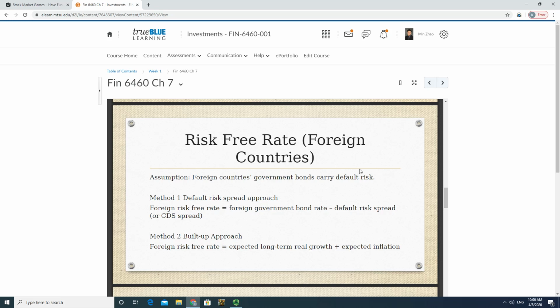The first one is the default risk spread: the foreign risk-free rate equals the foreign government bond rate minus the default risk spread. And the second method is the build-up method. You look at the long-term real growth in a foreign country, then you add the expected inflation in that country.